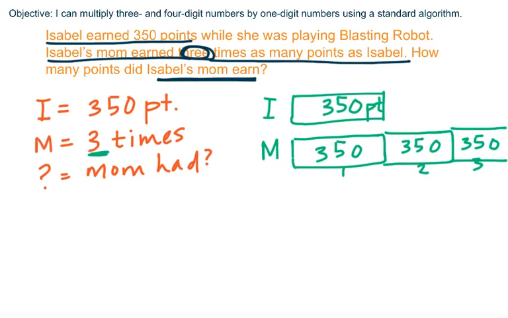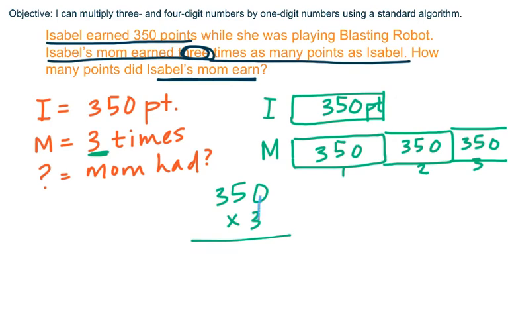Now, I could add these up. I could do repeated addition, but that might take me a while. I want to practice multiplication. So if I think about her mom having 3 times the amount that she did, I can solve this with my multiplication. So again, we're going to practice that standard algorithm. Practice along with me here.